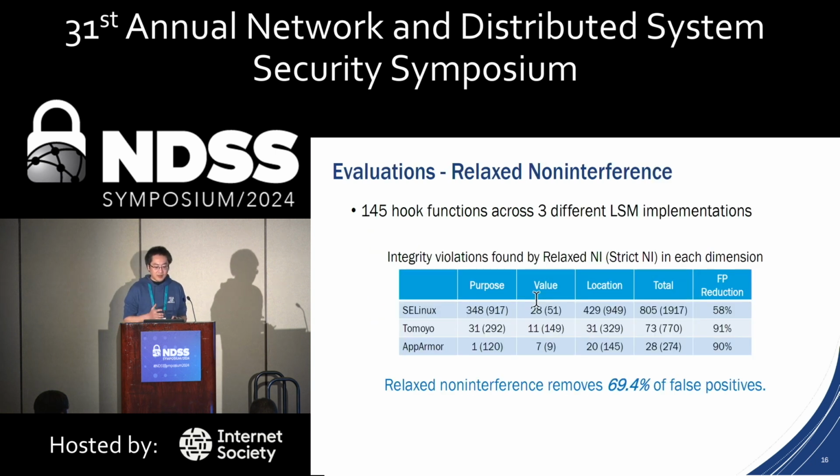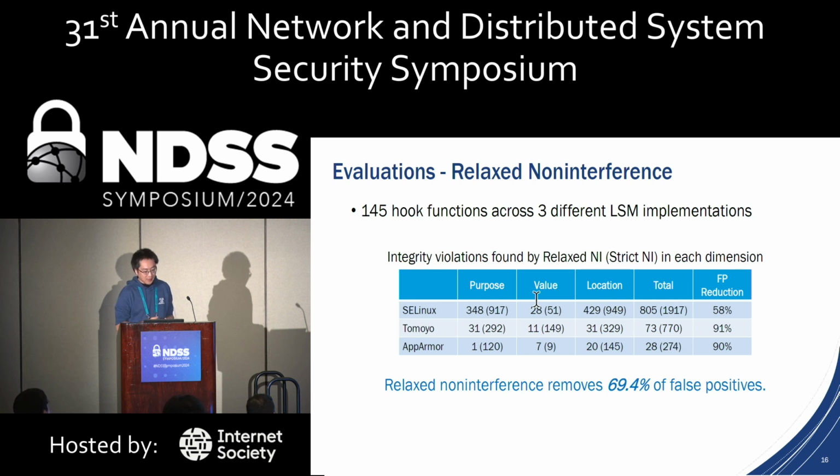With all the discussion of the technical details, I will now present our evaluation results. We tested the tool on 145 hook functions across 3 different LSMs. The first table here shows the comparison of found violations between the relaxed and strict non-interference in each and all dimensions of the lattice.